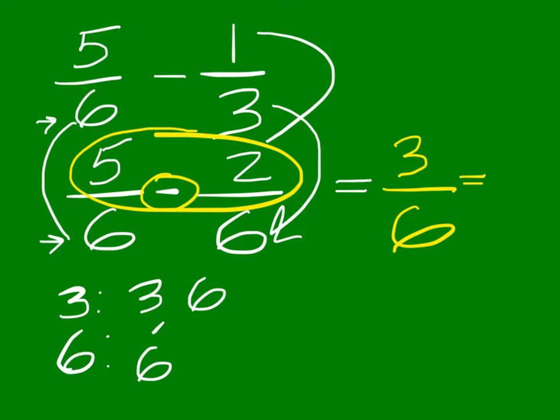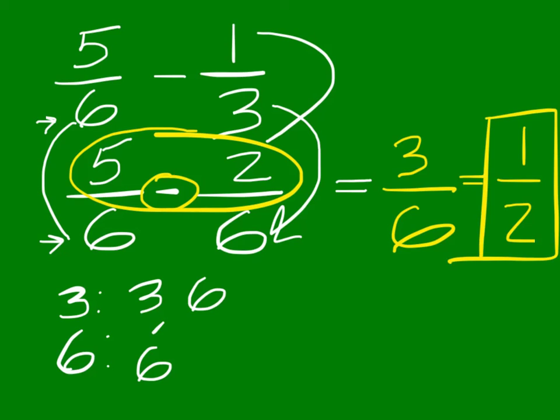That means that they both have a number that go into it evenly. What number goes into 3 and 6? 3. How many times does 3 go into itself? And into 6? 2. So 1/2 would be your answer for that. And we'll do some reducing stuff here in a little while.